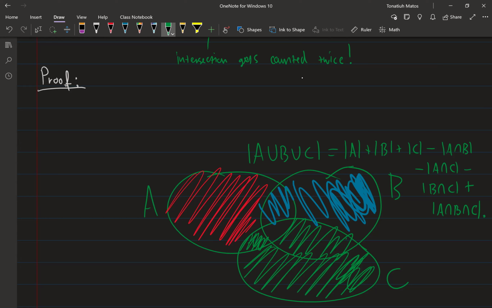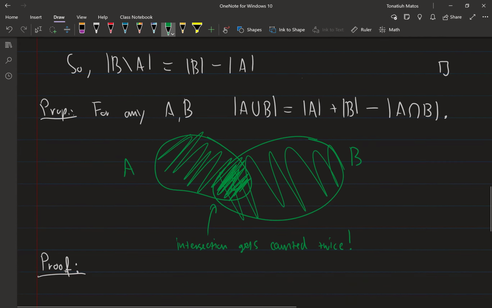So I need to add up different combinations of intersections, if that makes sense. So let me know if the example with three sets was clear, because the next theorem, of course, will be generalizing this for any finite number of sets, right? For infinite sets, this doesn't make sense because subtraction doesn't make sense in infinite sets, unfortunately.